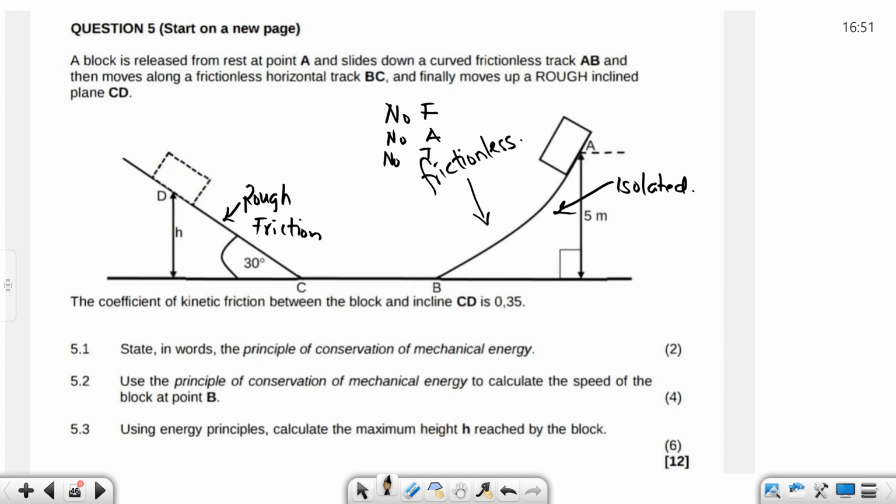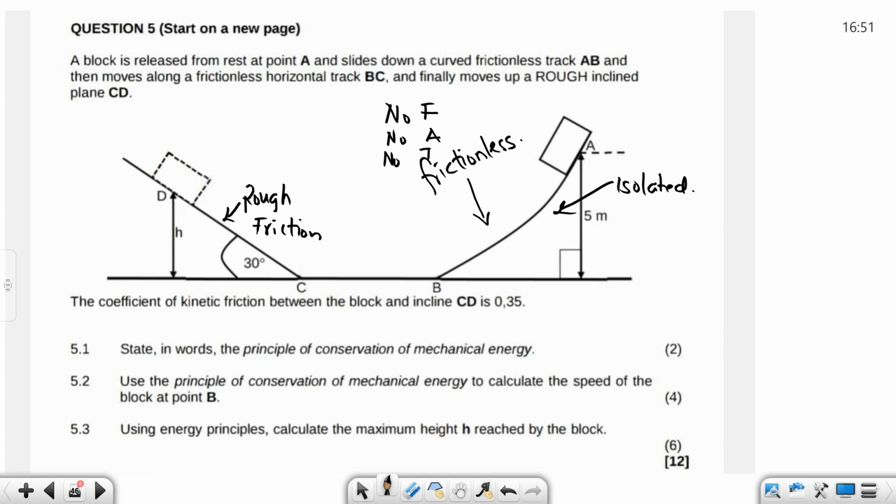The coefficient of kinetic friction is 0.35. This takes us back to Newton's laws, where you've got to have your normal force well-defined. Otherwise, remember the whole story. Once your free body diagram is wrong, forget about it.